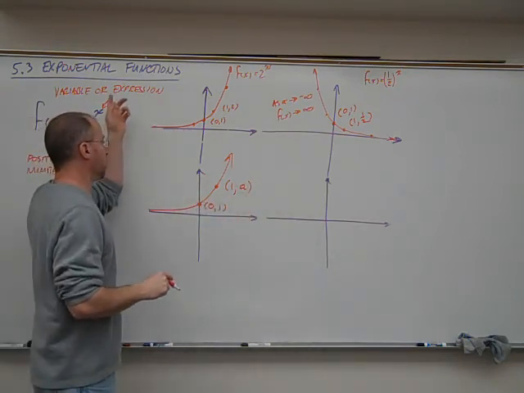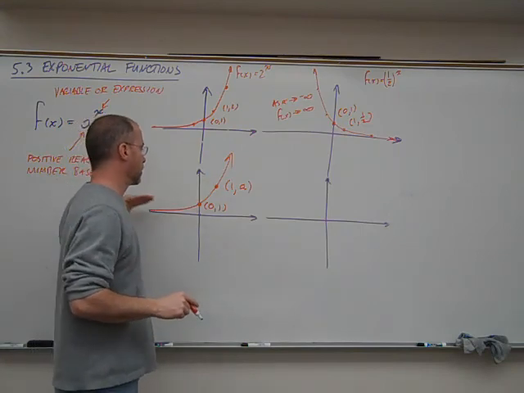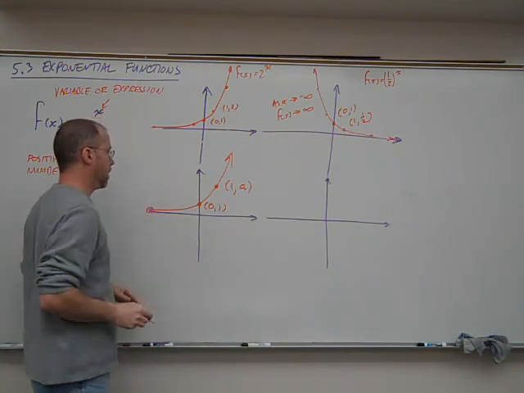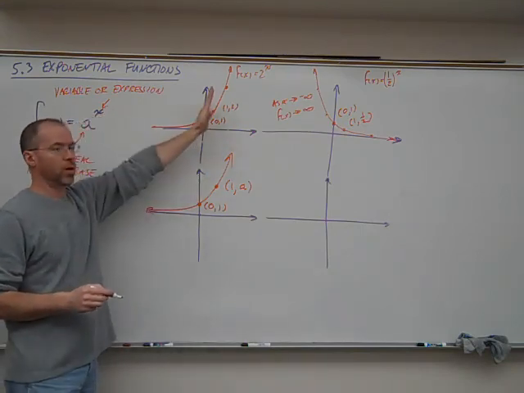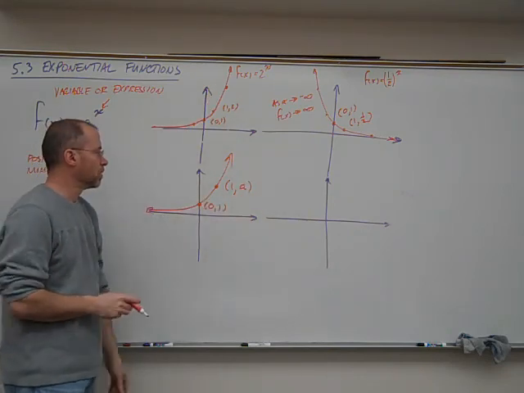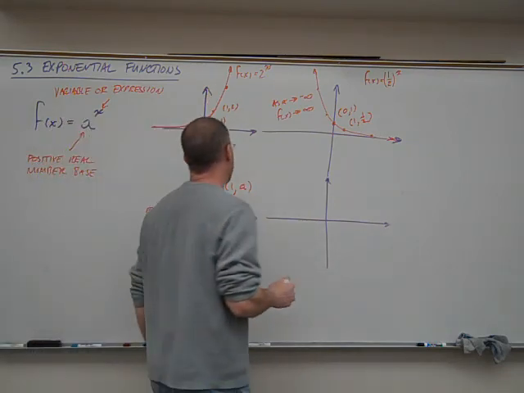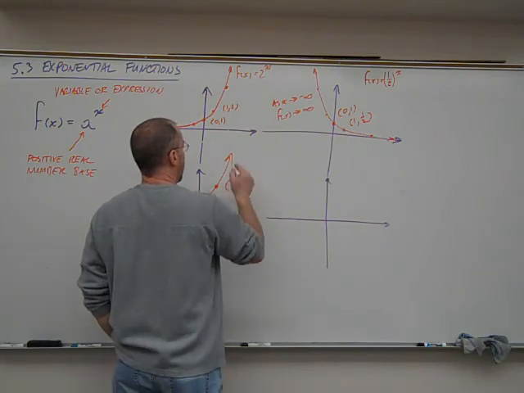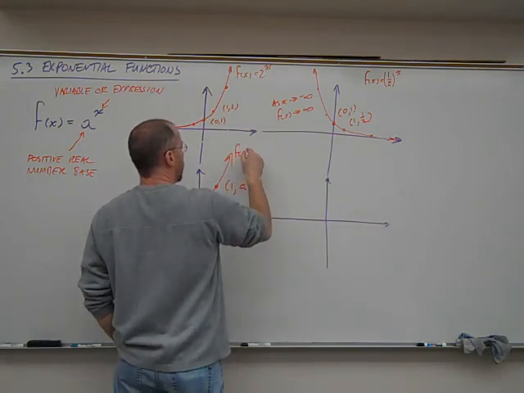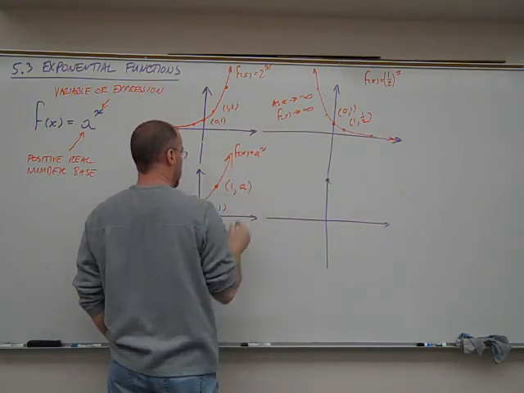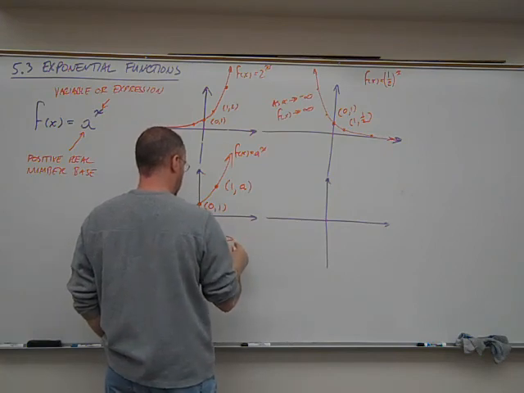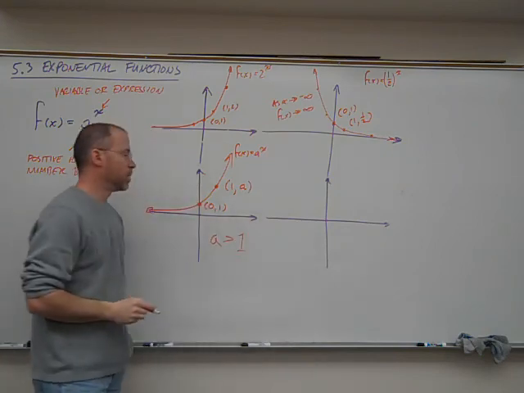So if this is a 7 to the x, this will grow a little faster, but basically the same shape. Asymptotic to the negative x-axis, growing very fast as x grows toward infinity. Or, this is basically f of x equals a to the x, where a is bigger than 1.